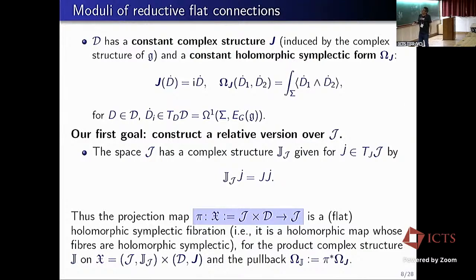Since we have a constant complex structure and a constant holomorphic symplectic form, we can just consider the diagonal complex structure on this new space X, with some canonical complex structure that is on the space of complex structures, which is given by this formula. That's called J. Okay.